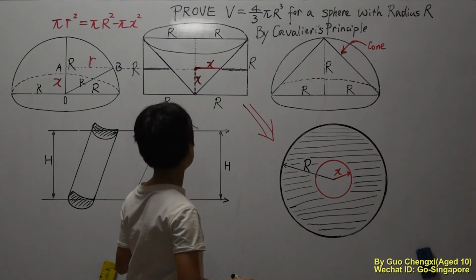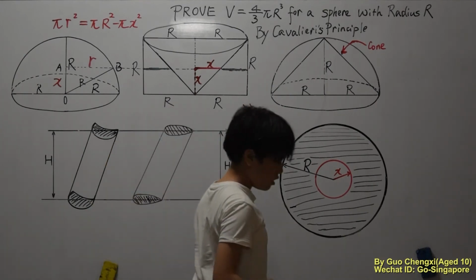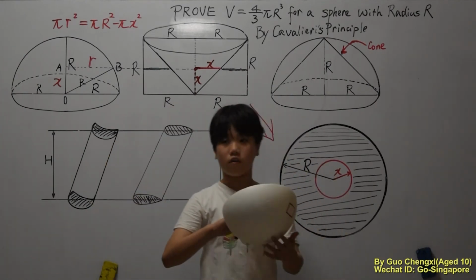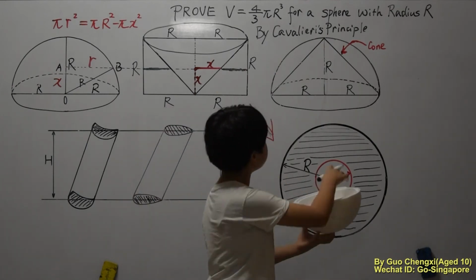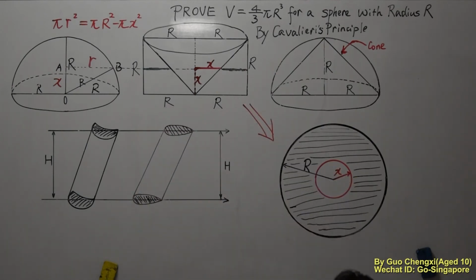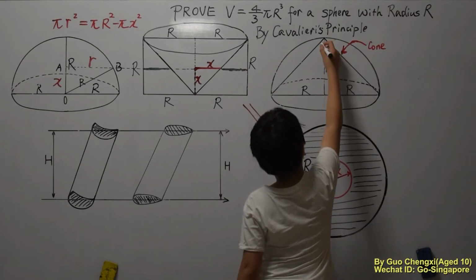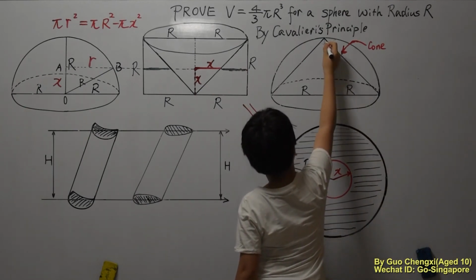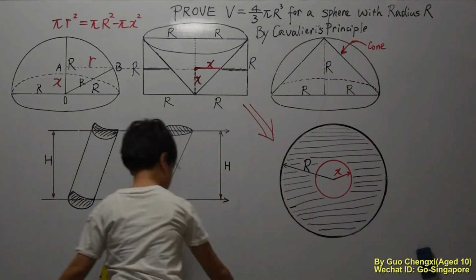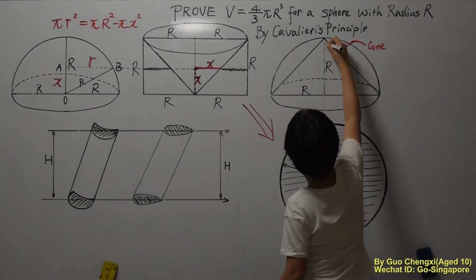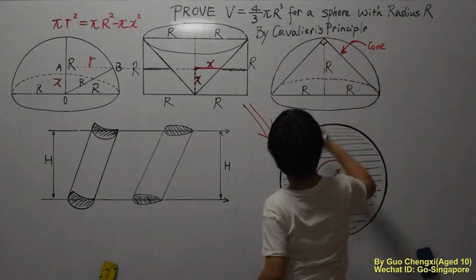For the semi-sphere, it will touch the middle part of this, and these will touch this part. Then this is basically a right angle. Let me just change the marker. So this will become a right angle, right?